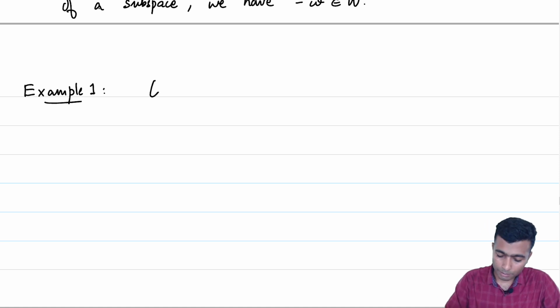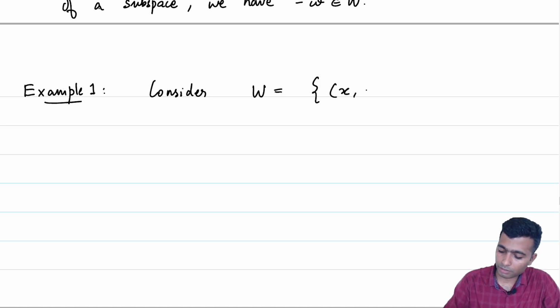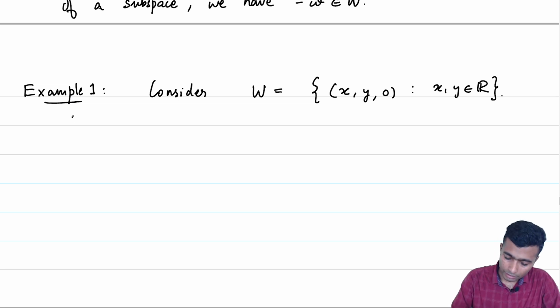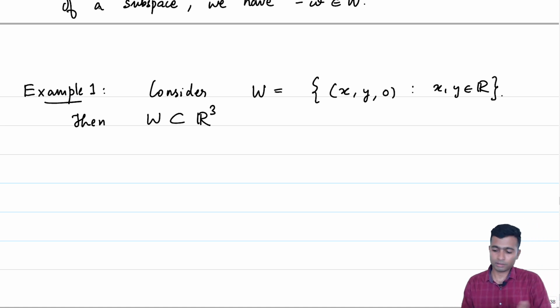Consider W to be equal to the set of all (x, y, 0) such that x and y are in capital R. Then notice that W is contained in R3, (x, y, z), where our z coordinate is 0. That is what W is capturing. It is the set of all those points in R3 whose z coordinate is 0.